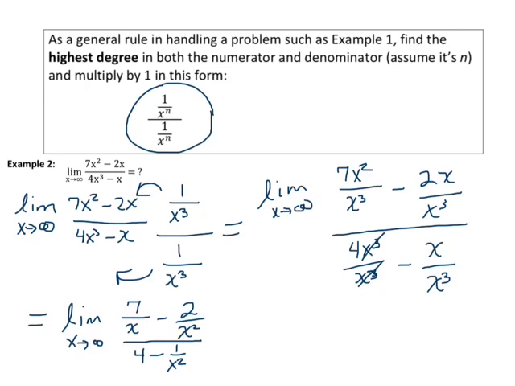Well, let's think about this for a minute. We have several items that fit the condition where the limit as x goes to infinity of 1 over x to the nth equals 0. So the items that I'm going to circle here, this one and this one, basically all go to 0.